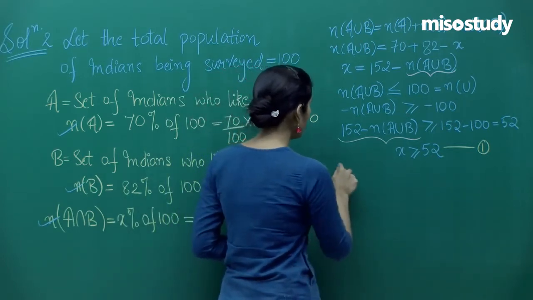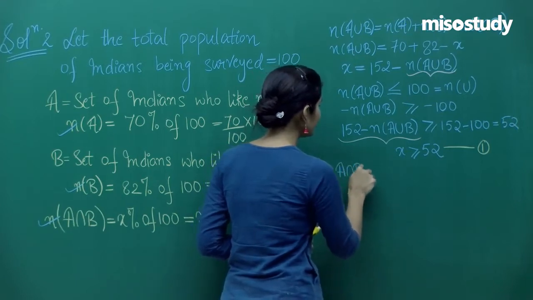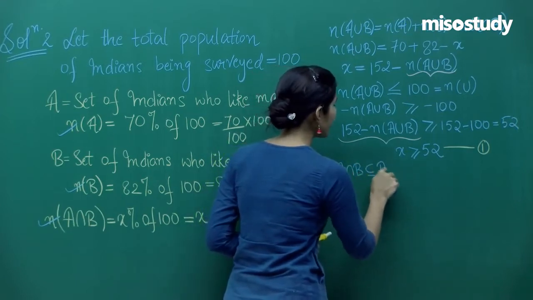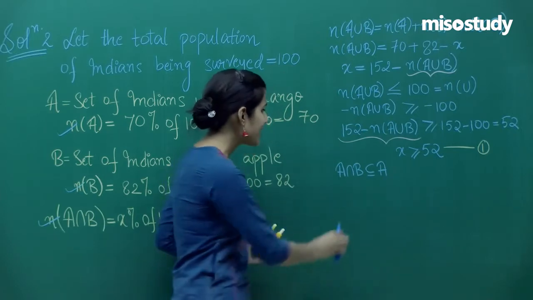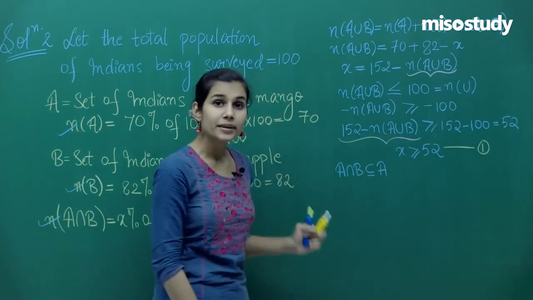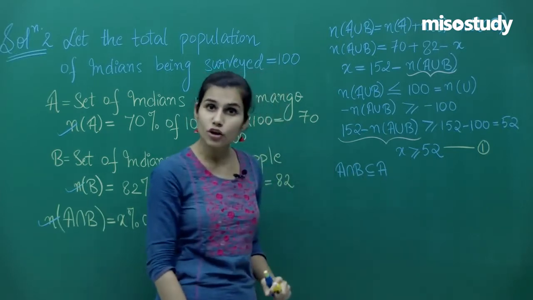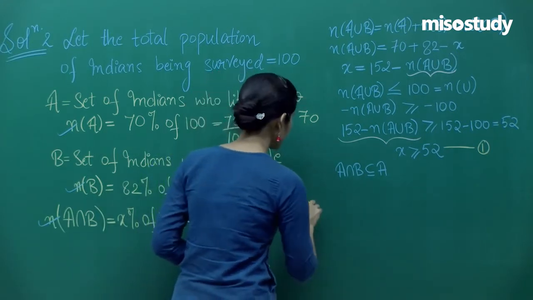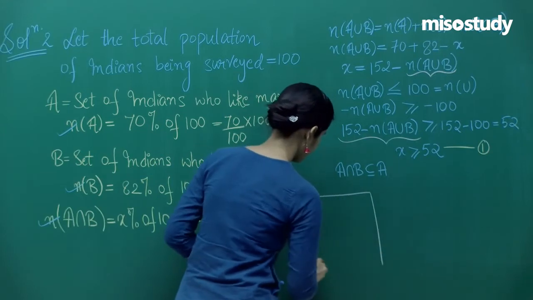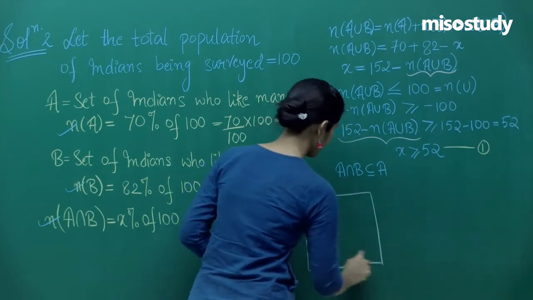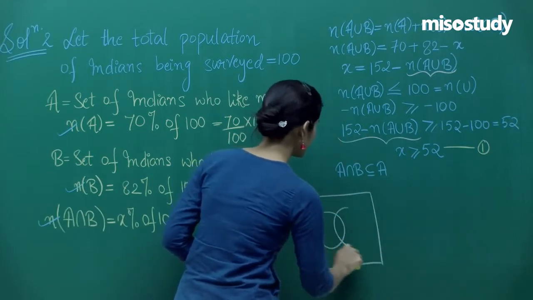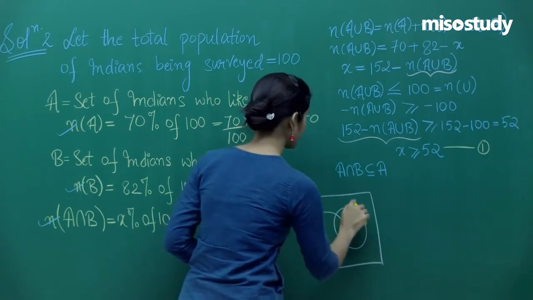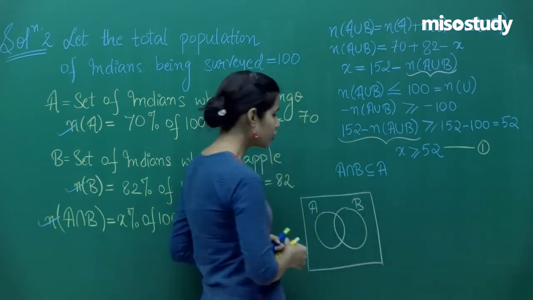All of us know that A intersection B is a subset of A. That means A intersection B is obtained by borrowing members of A. If you don't believe this, you can watch this with the help of a small Venn diagram. Suppose I take two sets. What is my A intersection B?